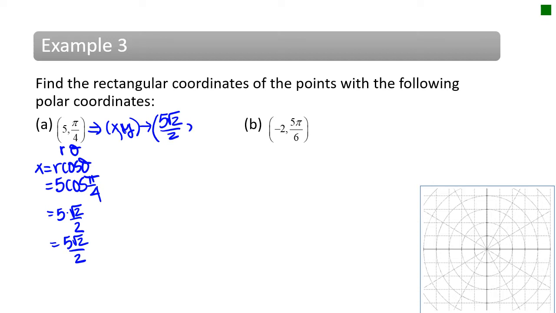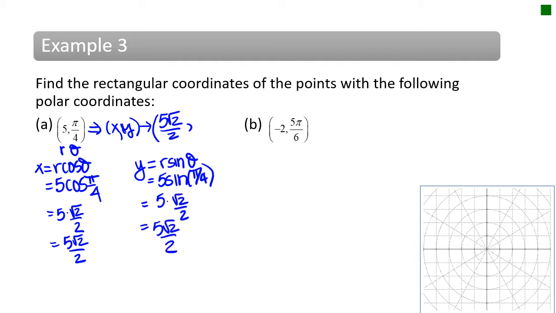And then my y value is r times the sine of theta. So 5 times the sine of pi over 4, which gives me 5 times root 2 over 2, so also 5 root 2 over 2.